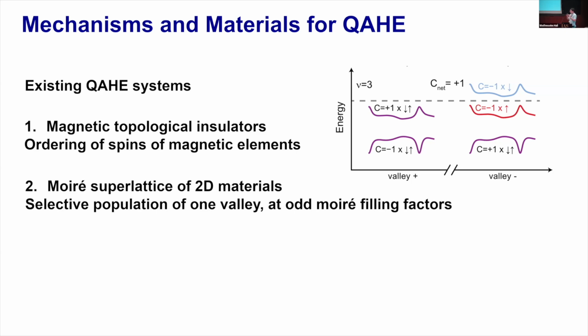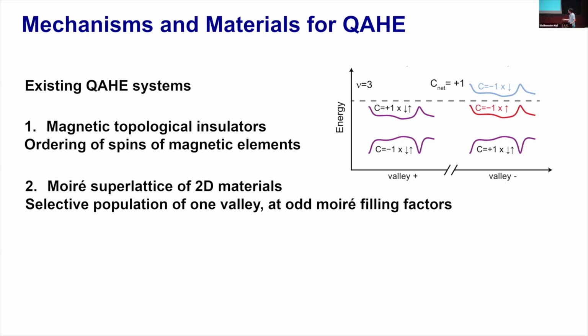However, if you put the right amount of charge to occupy only one of the bands, the exchange interaction tends to force the electrons to stay in the same valley. So when you are at exactly odd filling factor of the moiré superlattice or the moiré band, you're going to harvest the Chern number of a specific value, and that is how you break time reversal symmetry.